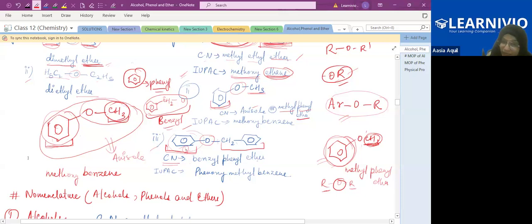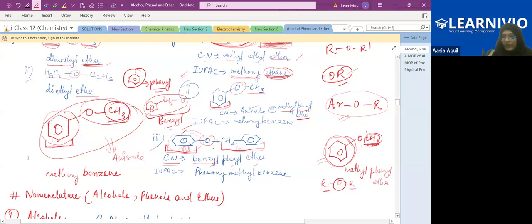So you take this as the younger and this as the elder. You can remember it like that. So first you write benzyl, then phenyl, then ether: benzyl phenyl ether.